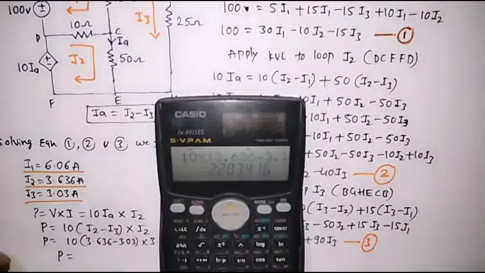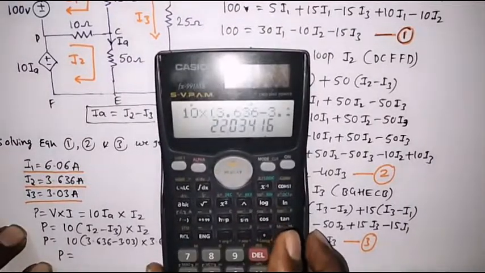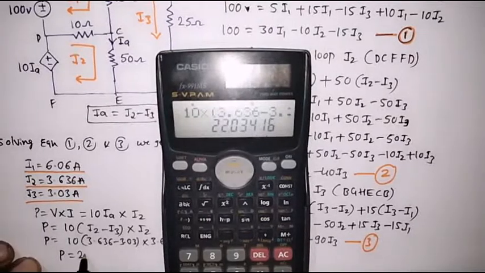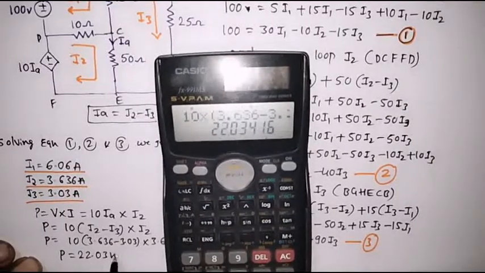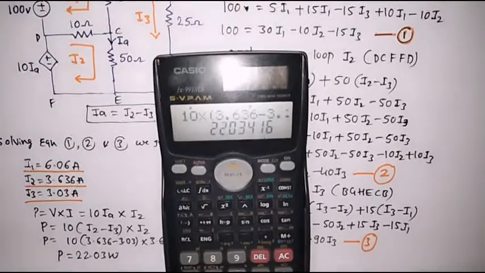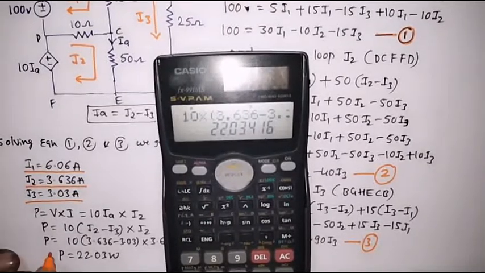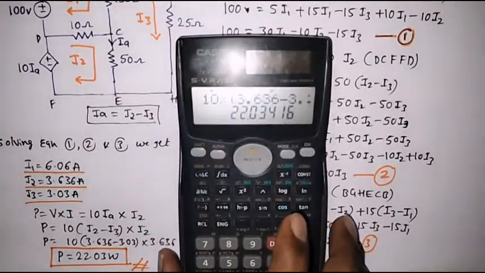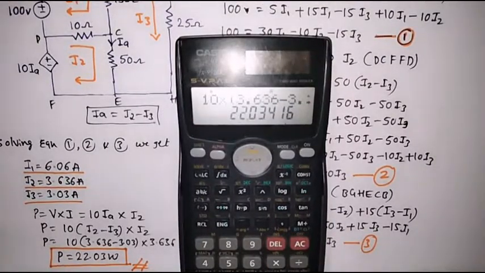It gives 22.03 watts. So this is the power delivered by the dependent source, that is 10 IA. Thank you for watching.